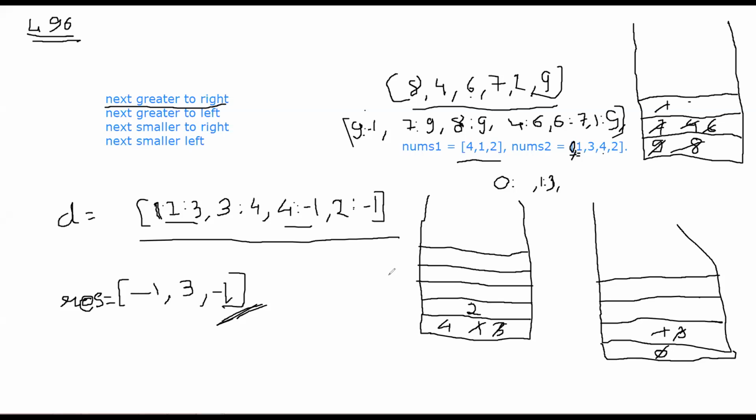I mean, look at nums2, right? Let's say you have a duplicate, and the duplicate is in two different positions. How do you know which one is for which? Suppose you have 1, 8 at the beginning, and then 1, 8 in the middle.